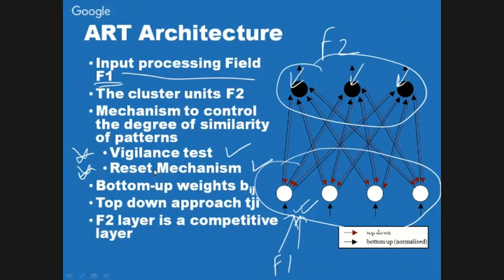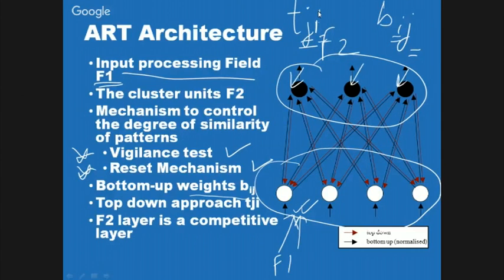And 2 types of weights are connected with this. One is your bottom up weight. Bottom up weight is represented as BIJ, where I is your input, J is your cluster. And the top down weights are represented as TJI. That means it will come from the cluster to the input.